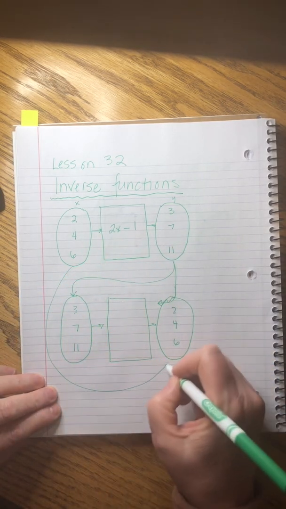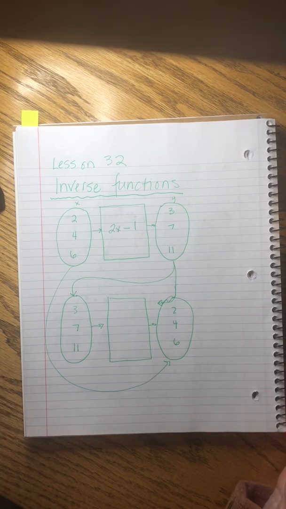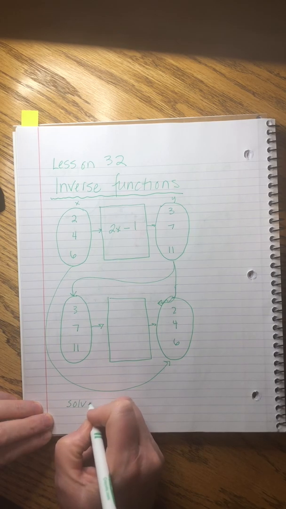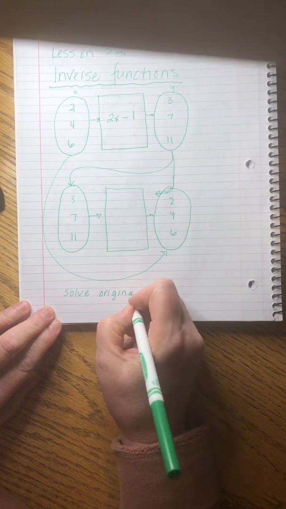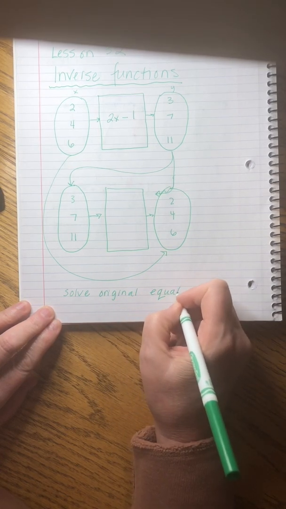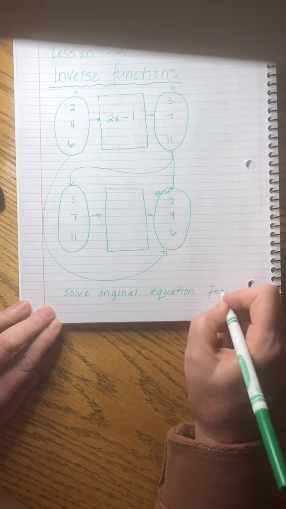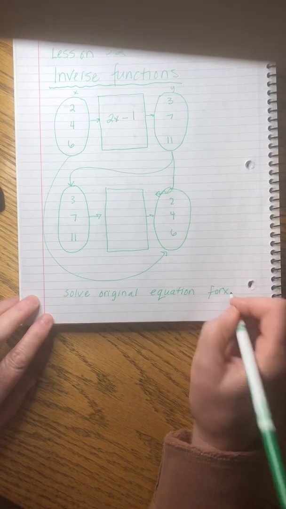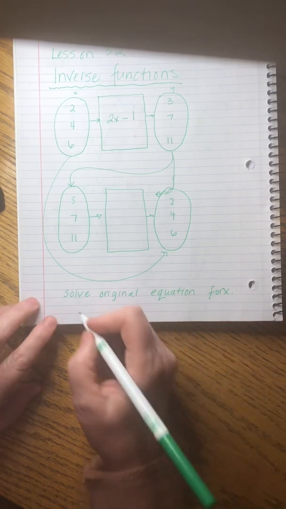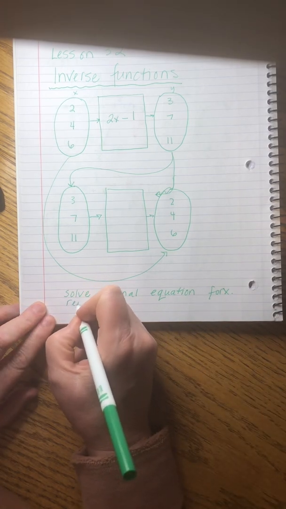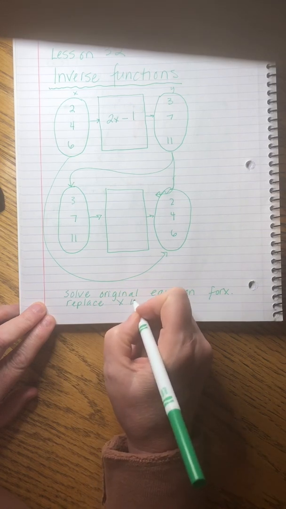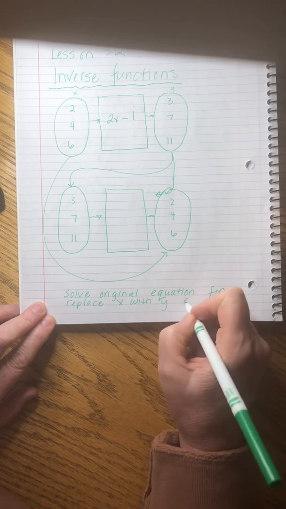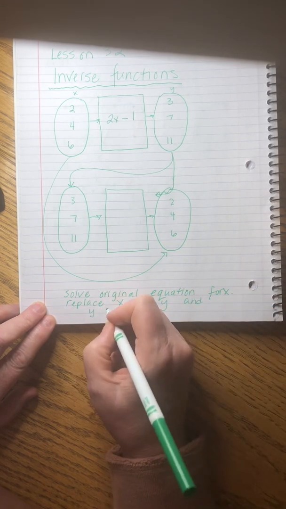So how do we create the function that's going to allow us to go backwards? Here's the rule for how we do that. We solve the original equation for x, and then we replace x with y and y with x.